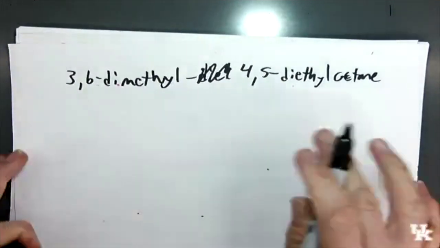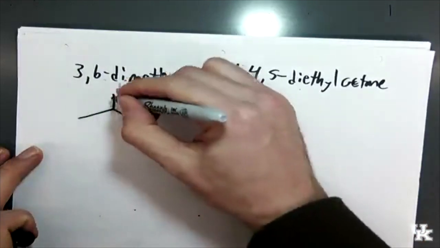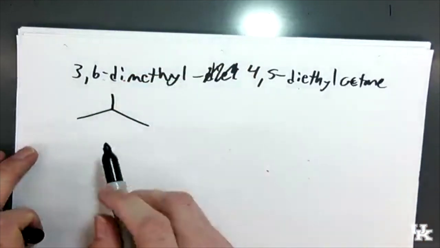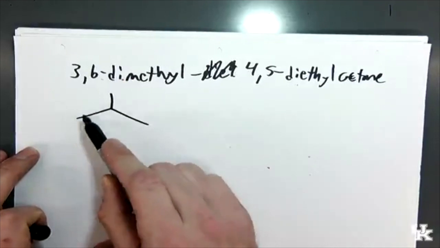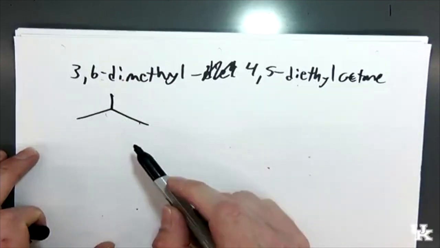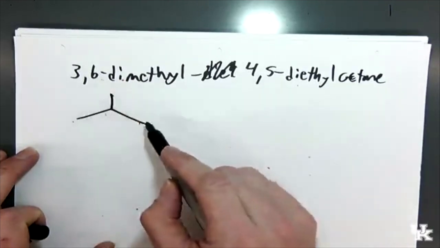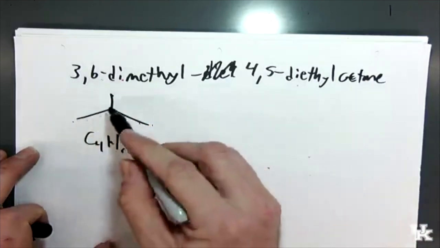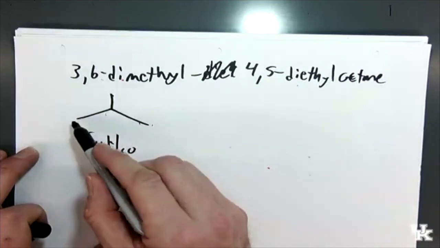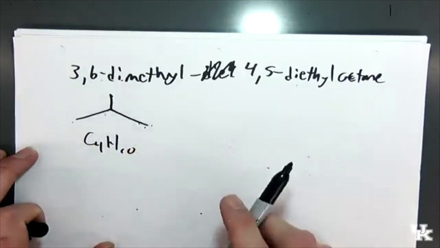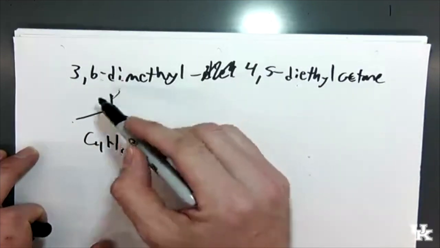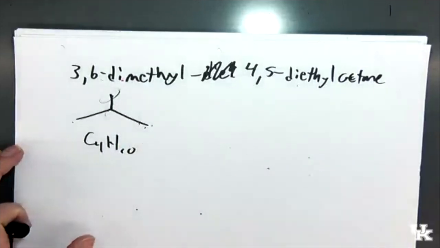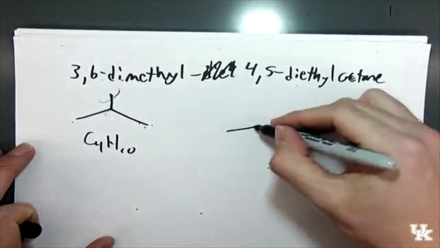So if I were to show you this molecule, this is C4H10, right? In this molecule, you have 3 carbons that are the parent and 1 substituent, right? That's a methyl. That's pretty easy. But what if I gave you this one?